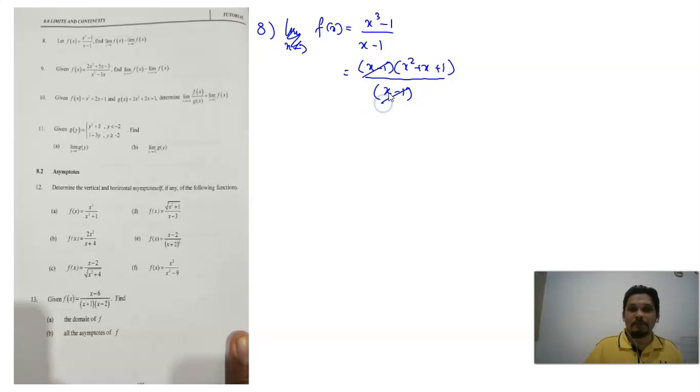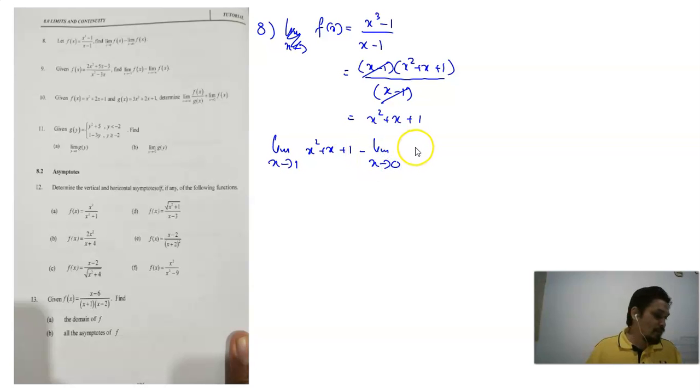Now f(x) equal to x squared plus x plus 1. So the question is, find the limit of x approaching 1 of the function f(x), x squared plus x plus 1, minus limit of x approaching 0, x squared plus x plus 1.